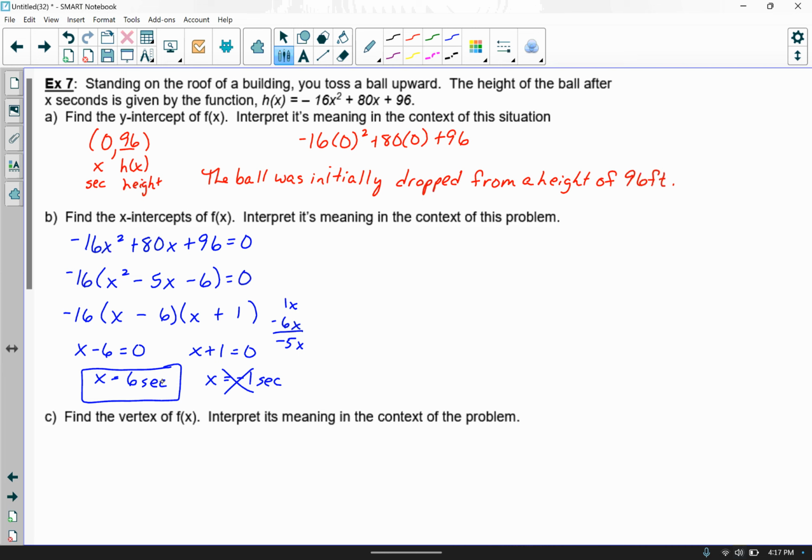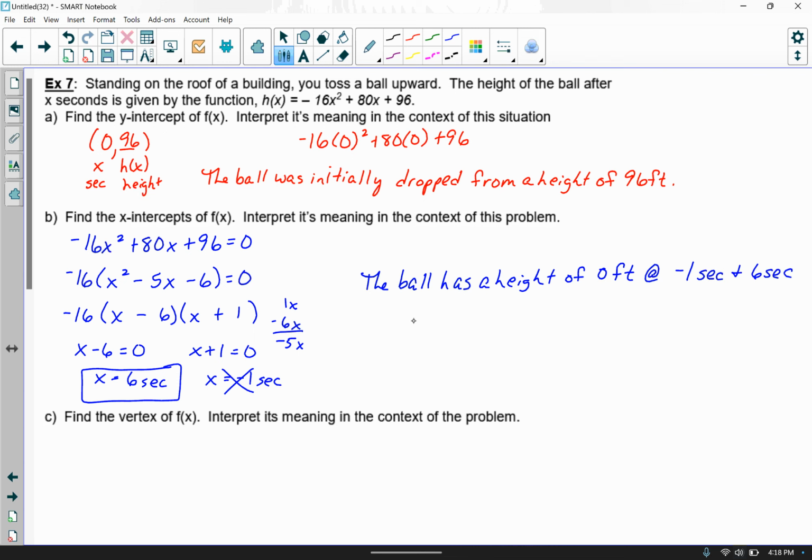It wants us to interpret the meaning here. So essentially it's saying that the ball has a height of 0 feet at negative 1 second and 6 seconds.